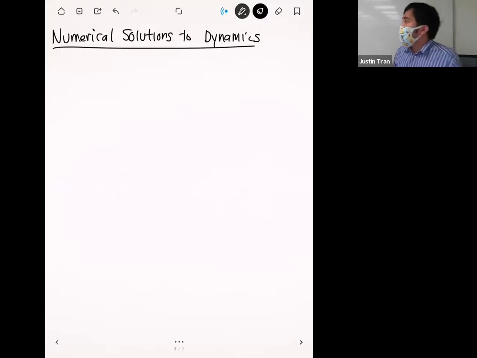Right. So in other words, how does a computer actually solve a dynamic situation, and how is this different than how a computer solves for a static one? Okay.